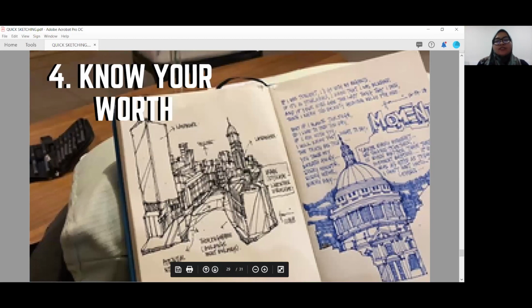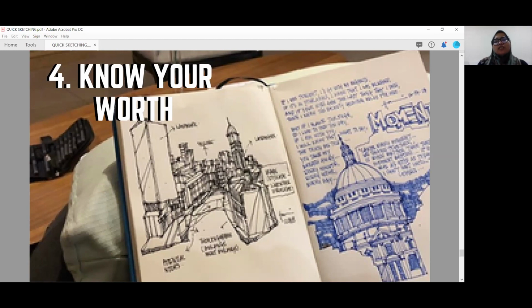And the last one is you have to know your worth. It means that after you recognize yourself, after you know what you love, the potential you have in you, the tools you're comfortable to use, and the subjects you want to draw, it recaps on how you know that you can do it.